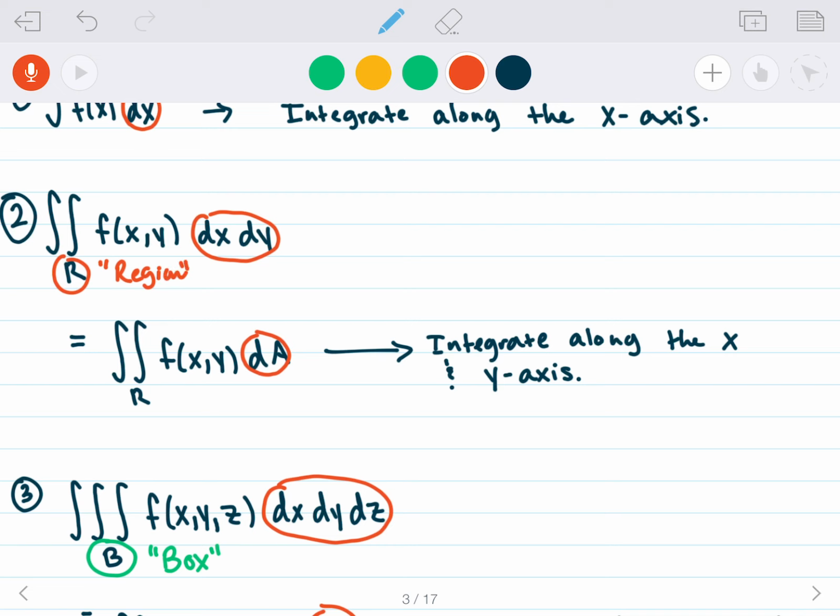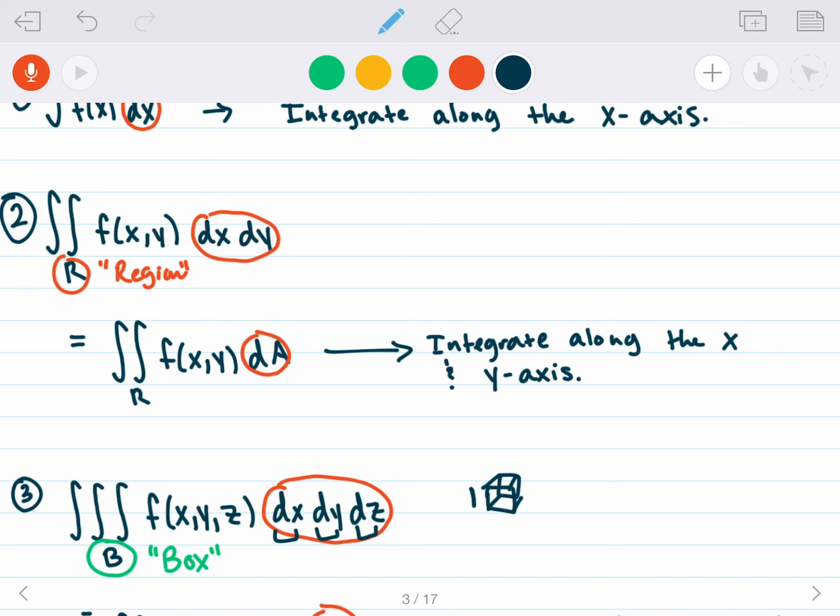And notice that this time we have a dx, a dy, and a dz. And we can think of these as dimensions of a very, very small box. So if we have some very small box, we can consider the change in x, the change in y, and the change in z.